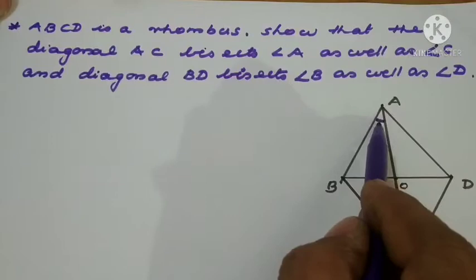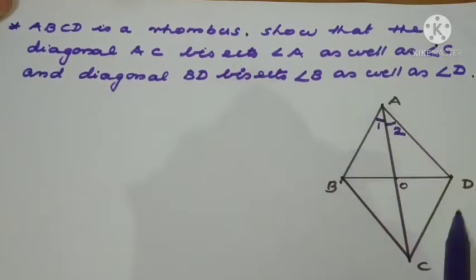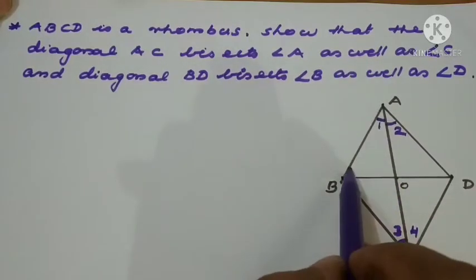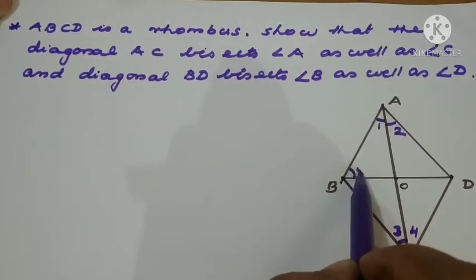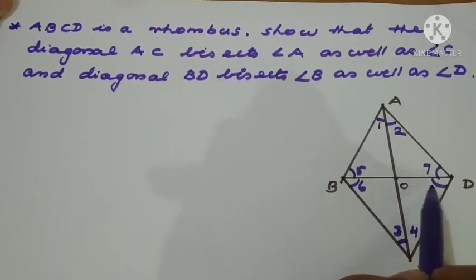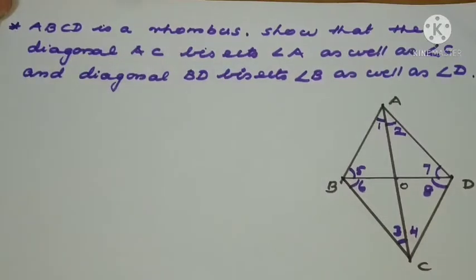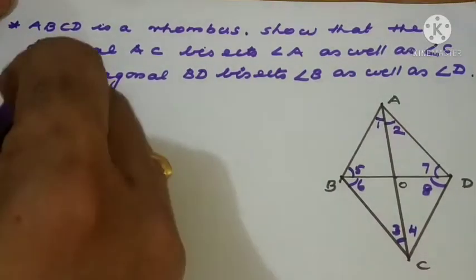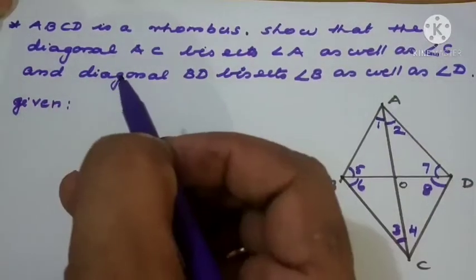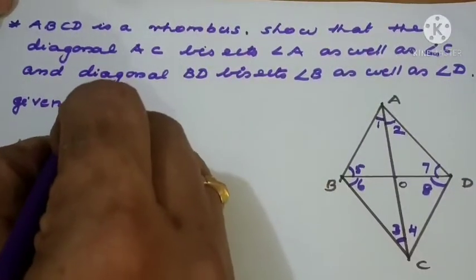That means angle 1 equal to angle 2 we should get, and for C, angle 3 equal to angle 4. Similarly, if we go for BD bisects angle B, then 5 and 6 are equal, we should prove. Similarly, 7 and 8 are equal. So, given: ABCD is a rhombus.